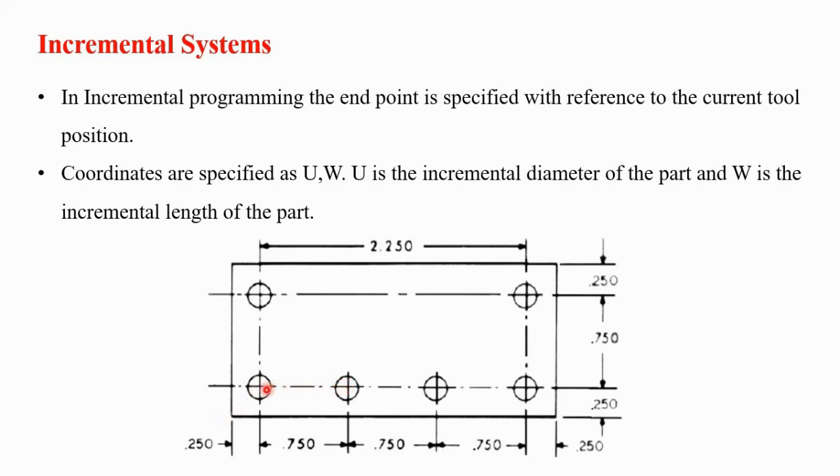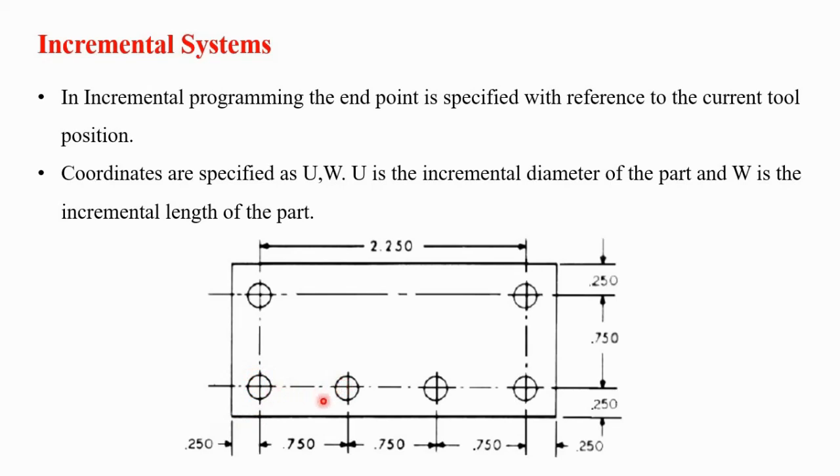When we want to move to the second point from the first point, in the incremental system the dimension is given with reference to the current position of the tool. That means from this position the coordinates of the second point are given.